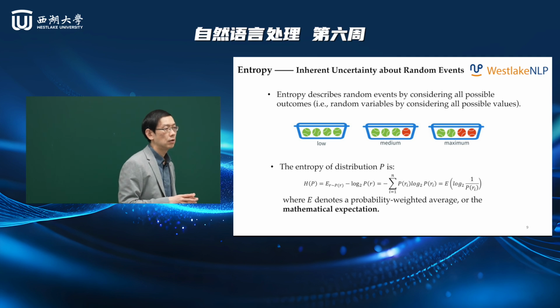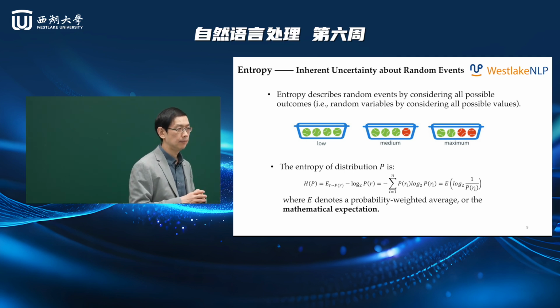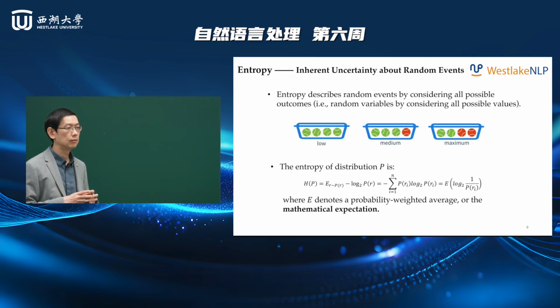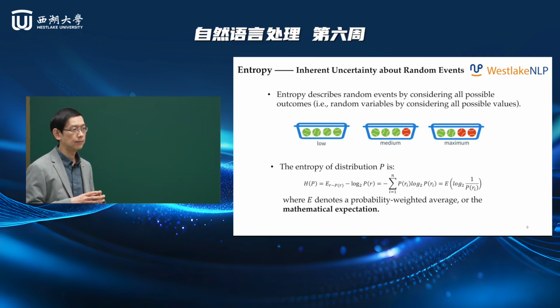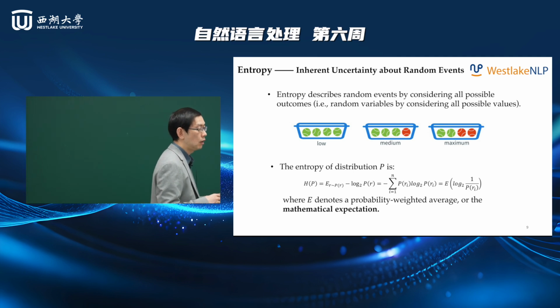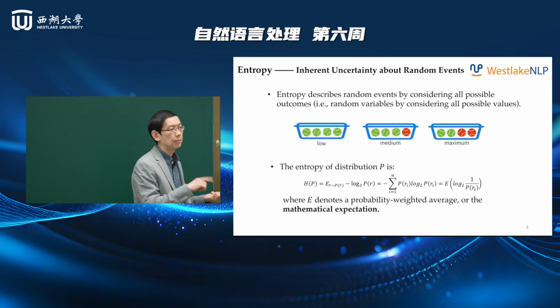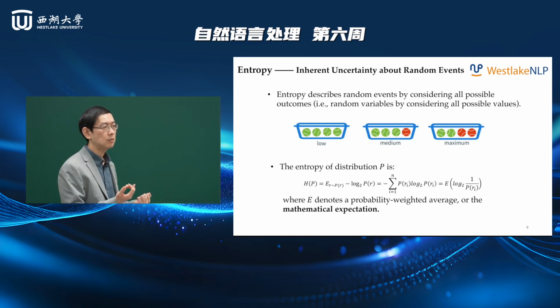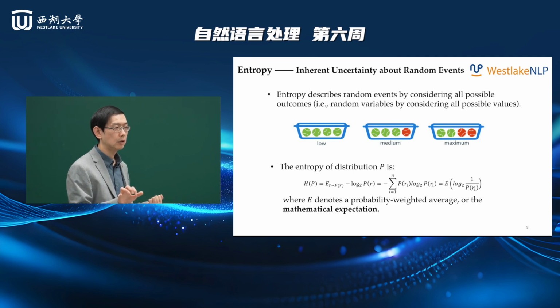If I draw a ball randomly, how many bits on average do I need to encode this outcome? We need to use the probability of red ball to multiply the number of bits I need to encode a red ball, plus the probability of the green ball times the number of bits I need to encode the green ball.